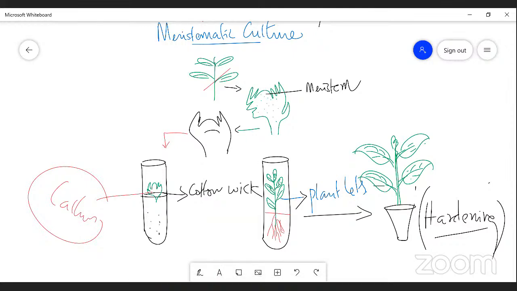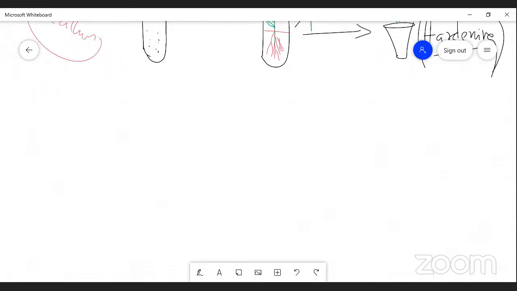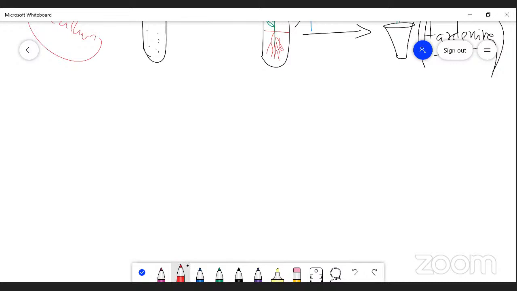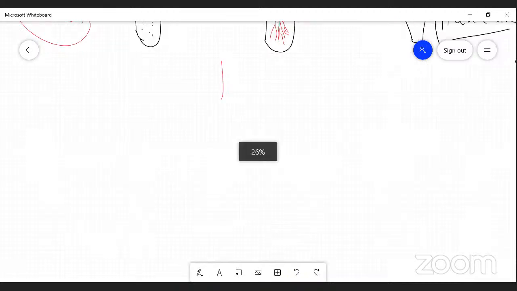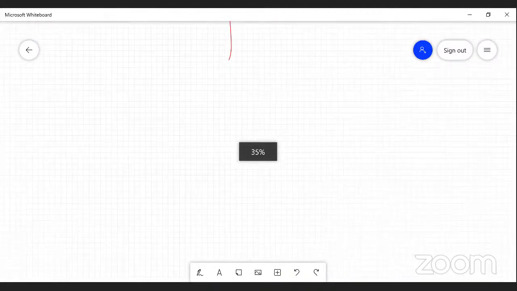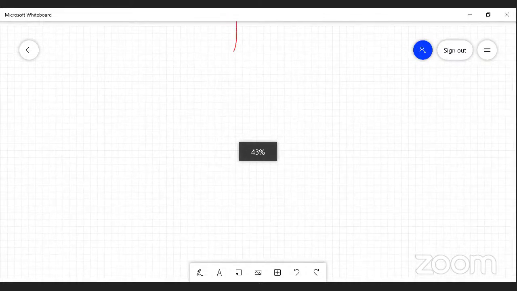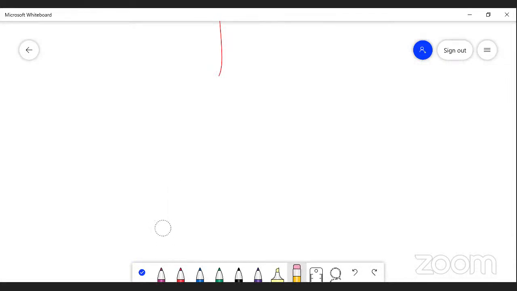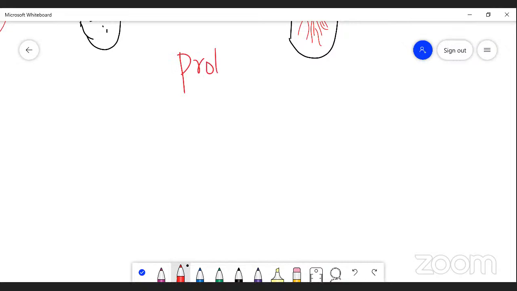So next we pass on to protoplast culture. That is a very interesting topic, my dear students. Please understand, the next topic is protoplast culture.